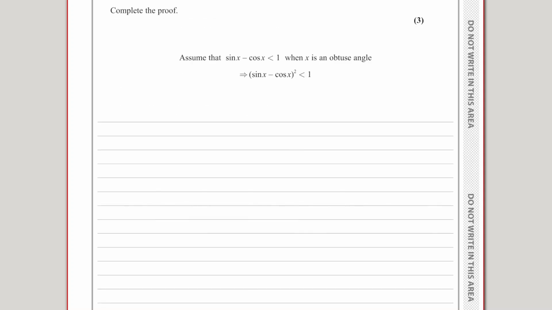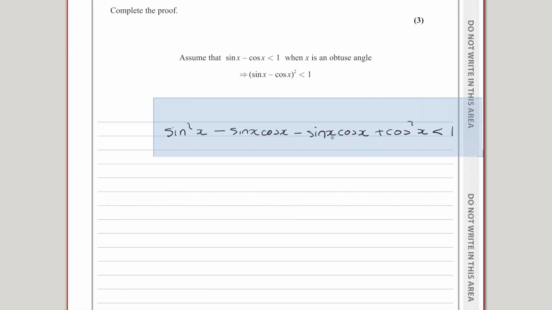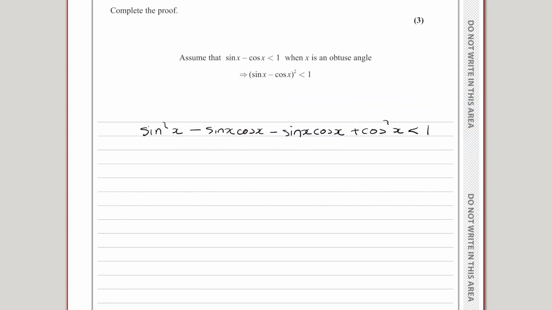So we're going to expand the brackets. So sine x minus cos x times sine x minus cos x. So that would be sine squared x minus sine x cos x minus another sine x cos x plus cos squared x is less than 1. So we have sine squared x minus 2 sine x cos x plus cos squared x is less than 1.